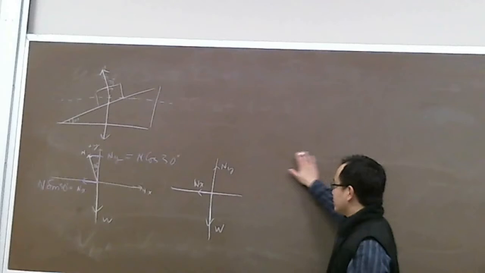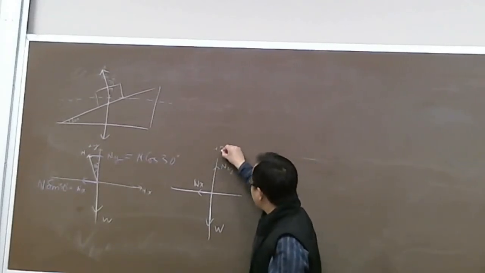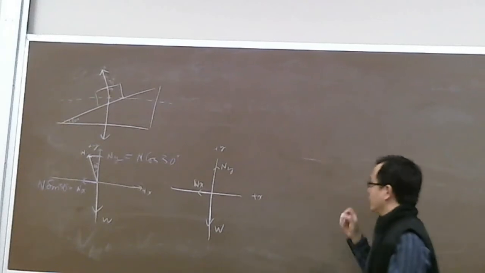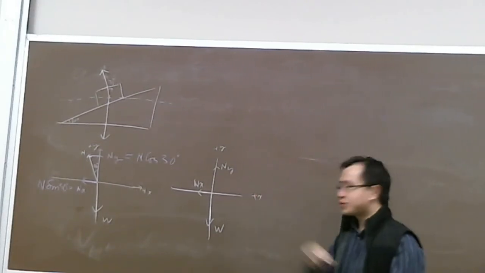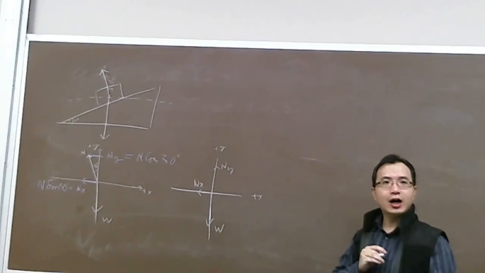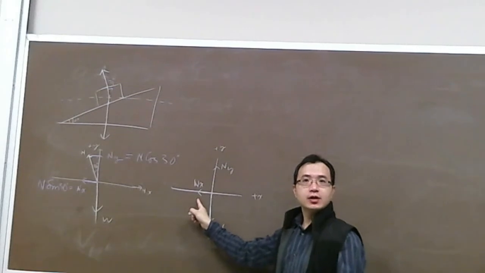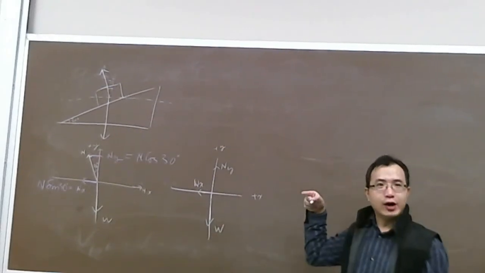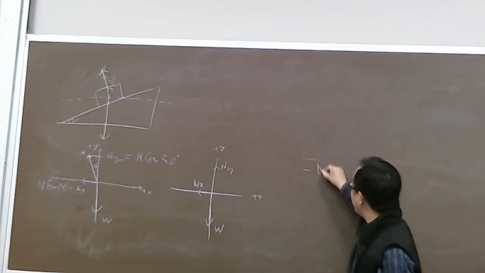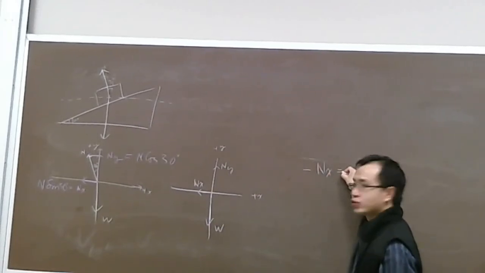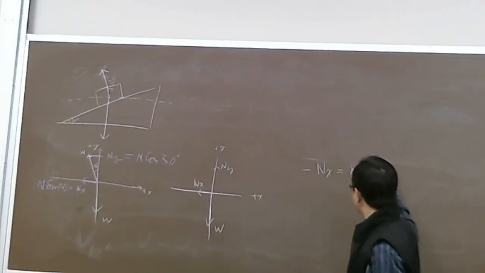And then, if this is positive x and this is positive y, you can write down Newton's second law. Along the x direction, you have only one force, Nx, and it's along the negative direction. So the net force is negative Nx equals max.